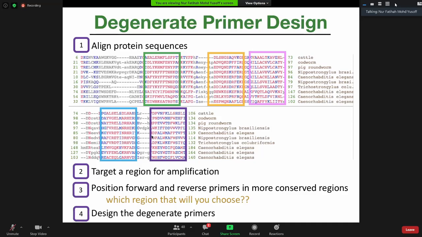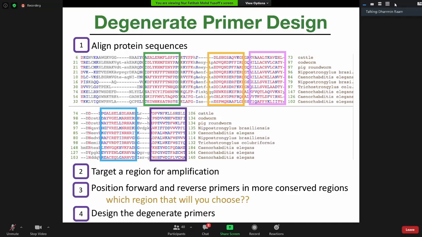If, let's say, we have the forward primer in the green box, can we design the reverse primer in the purple box? To my personal thinking, I think it's not really advisable. Why?